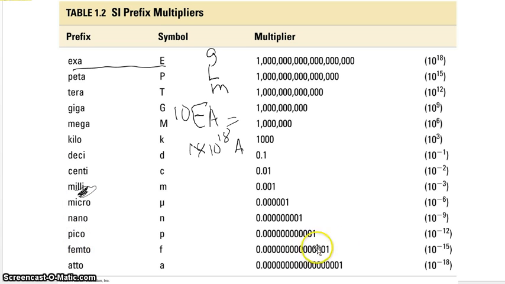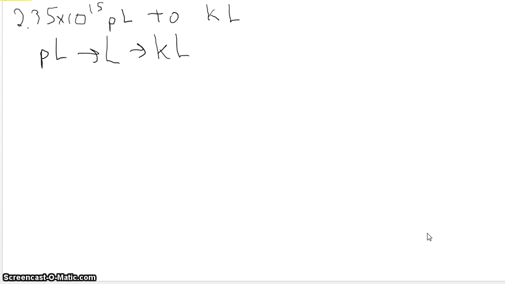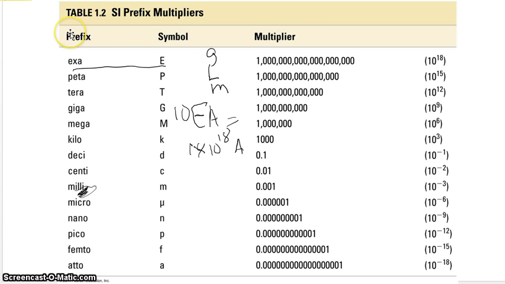All right, first thing I see is pico. I need to remember that that has a base of 10 to the minus 12. And so what I know is 1 picoliter is equal to 1 times 10 to the minus 12 liters. All right, what's the other thing that we need to know?